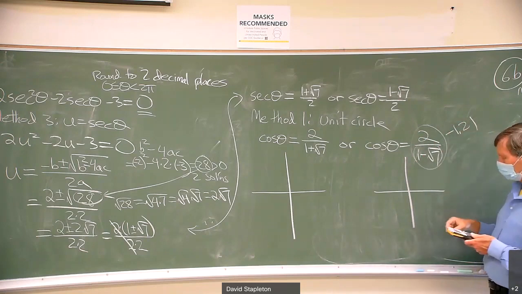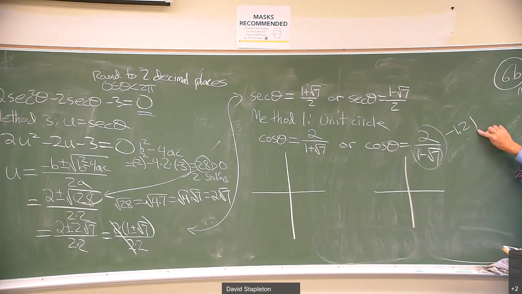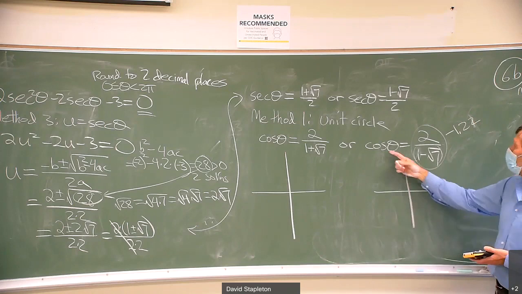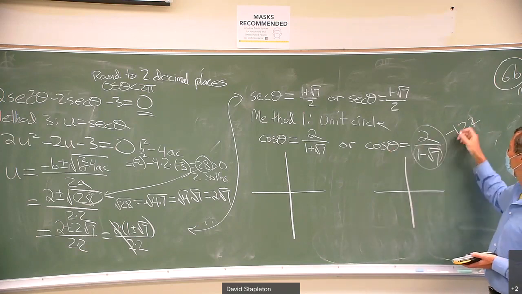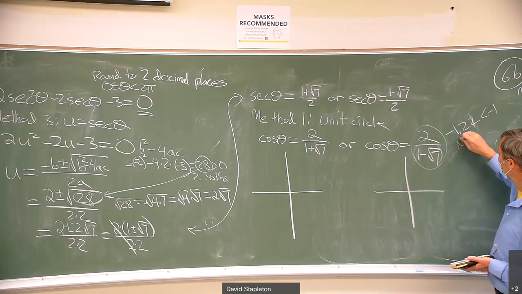So what's the solution set to this one? Oh, 1.22, I guess it rounds to. Yeah, there's no solution, right? Cosine has to be a number between plus and minus 1. This one's less than minus 1. So there's no solution.